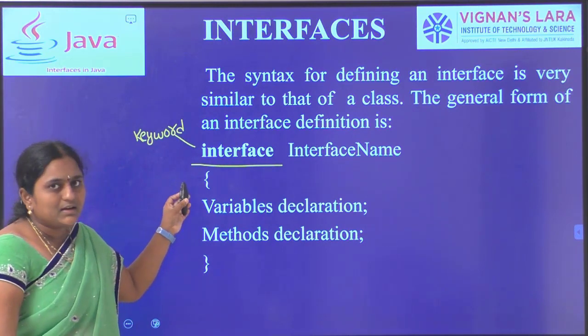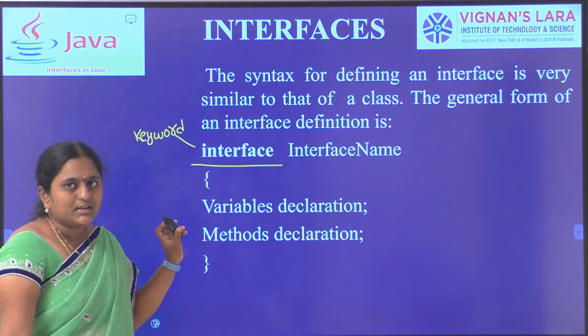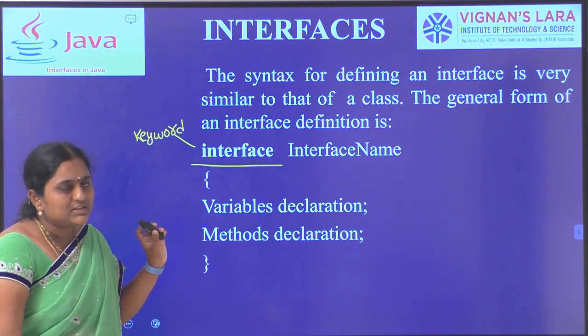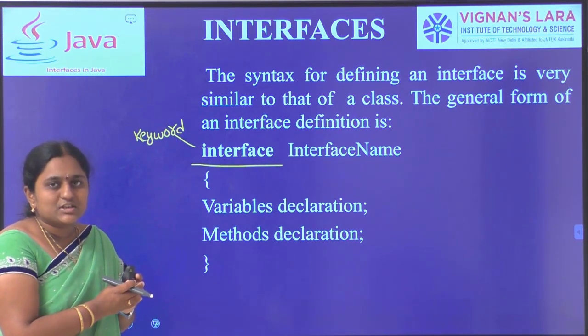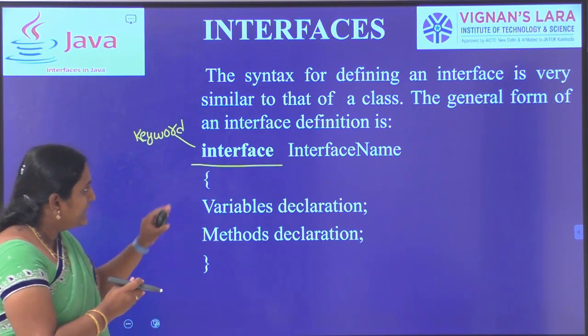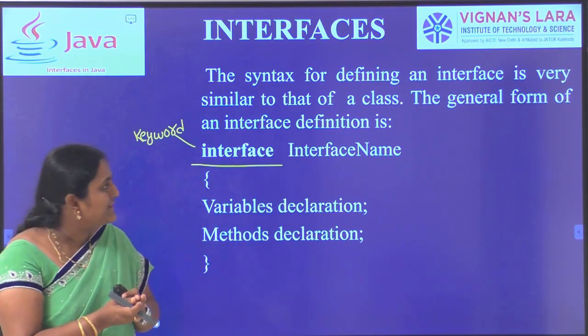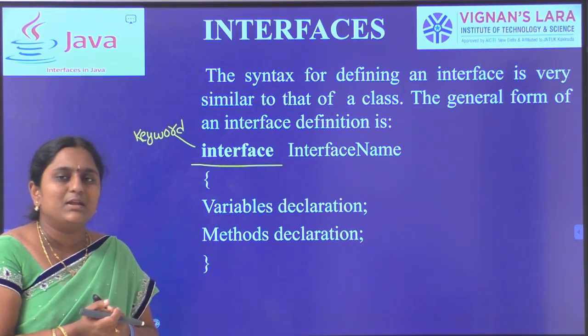What is the naming rule for keywords? Already you know that a keyword's first letter should start with a lowercase letter. Whenever we use the interface keyword in our Java programming, the first letter must start with a lowercase letter. Interface is followed by the interface name. The interface name is any valid variable name.